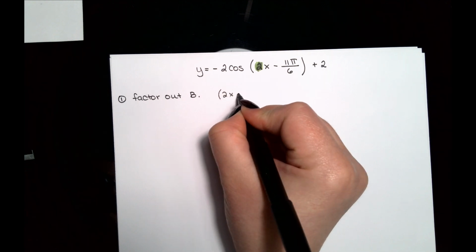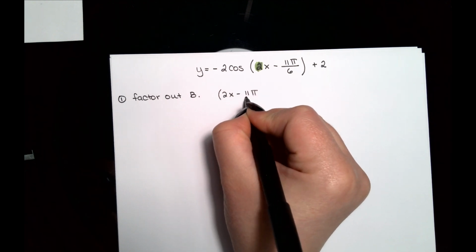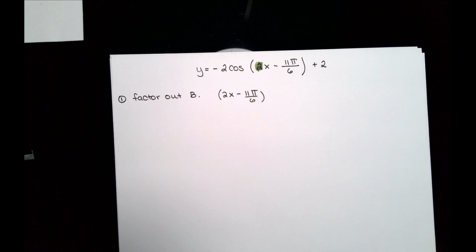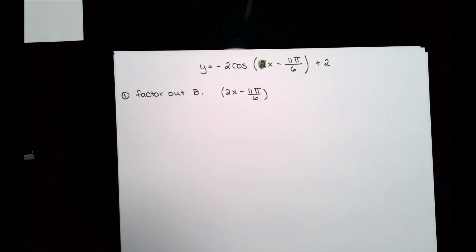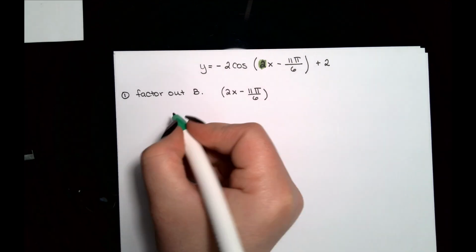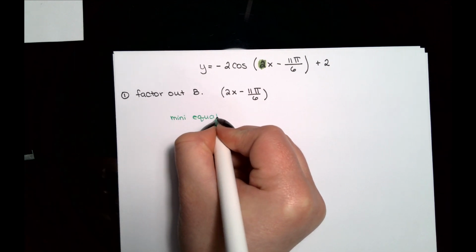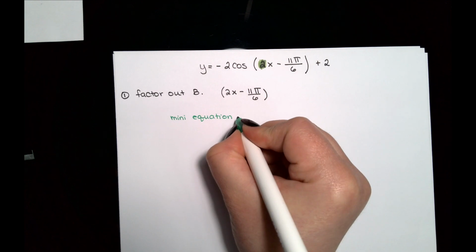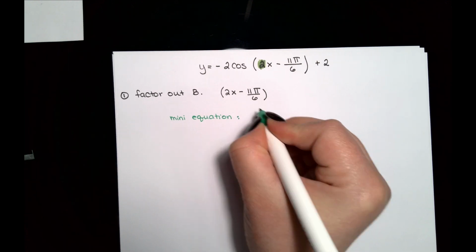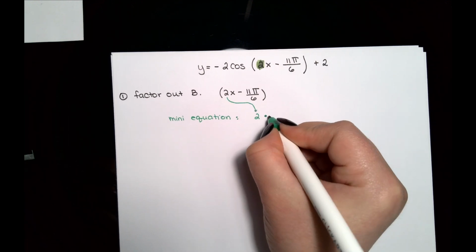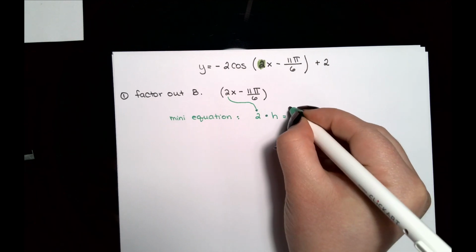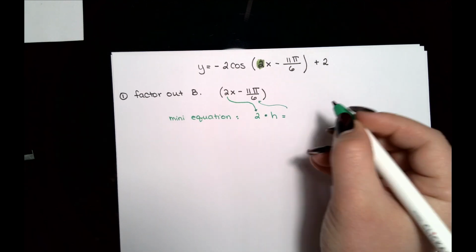So 2x minus 11 pi over 6 is what we have. And you have two options. You can create a mini equation to say 2, this is your b value, times h is equal to your given value, what I call c.